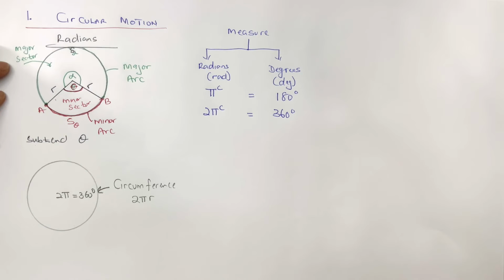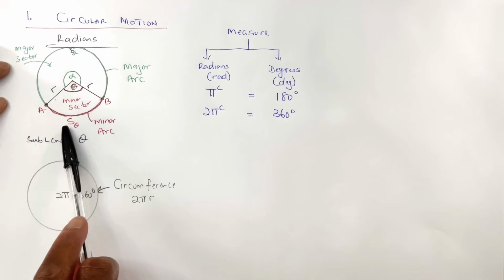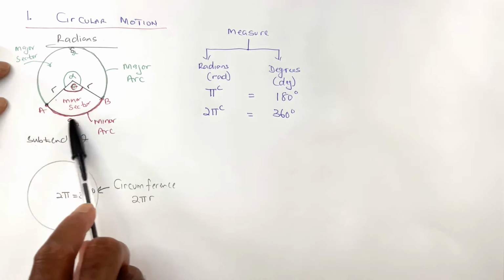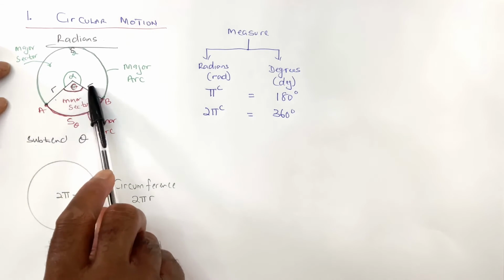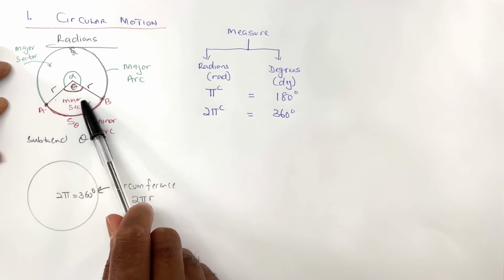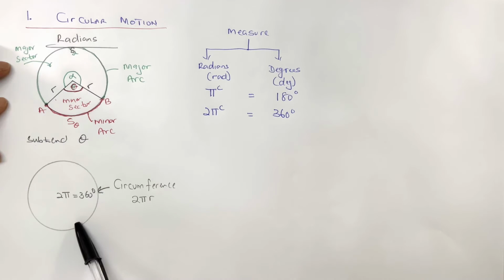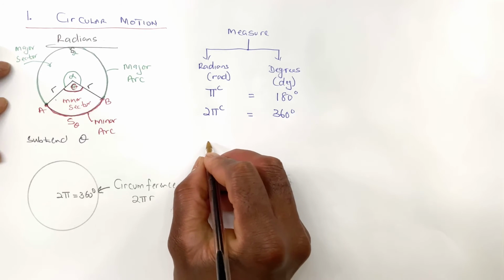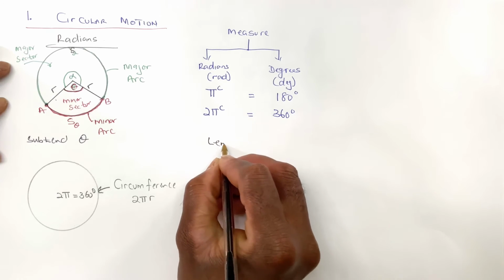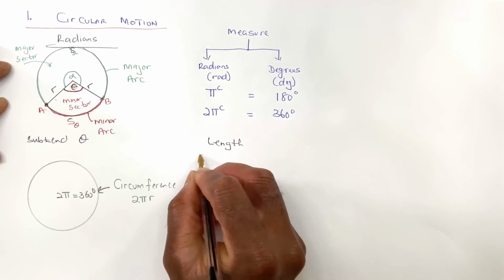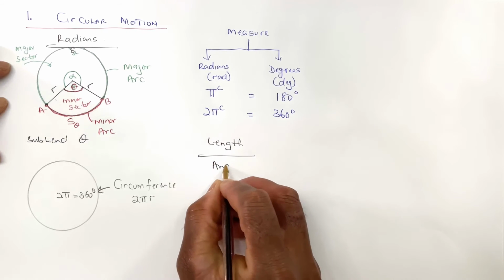So to build up a relationship between the arc length, if I'm moving in a circular motion from A to B, and the angle and the radius, I need to relate the minor sector to the whole of a circle. I'm going to do a ratio comparison. Length, that's the arc length, over the angle.